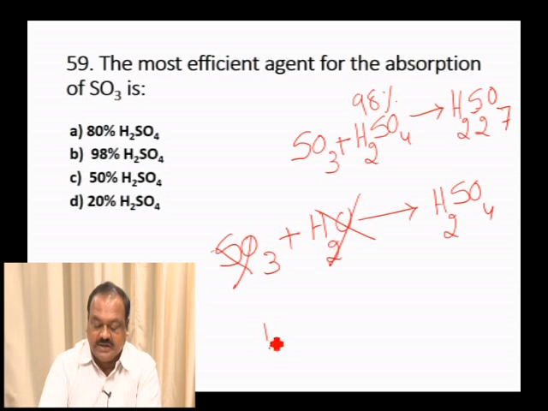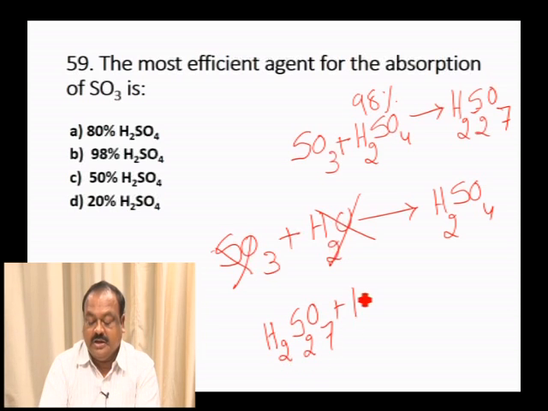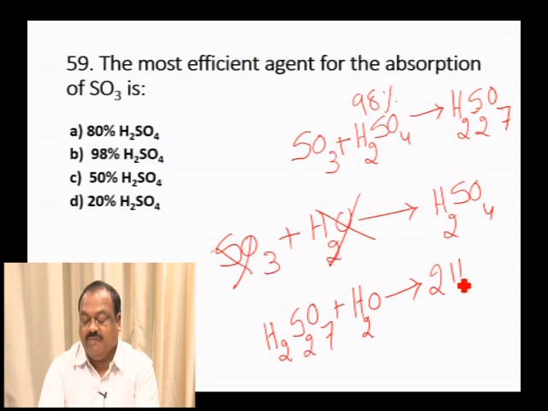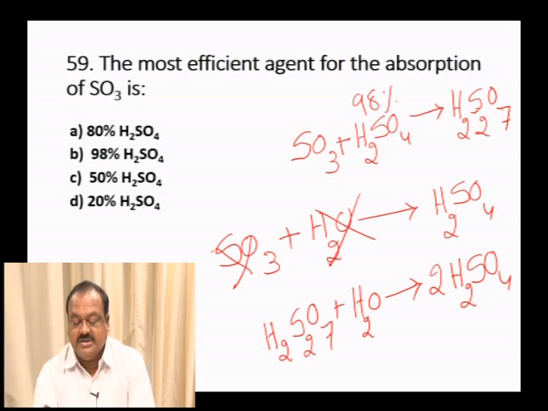This is further treated with required quantities of water to get sulphuric acid. Sulfur trioxide is passed into 98% sulphuric acid in the absorption tower of the contact process to get oleum, H2S2O7, which is further treated with water to get sulphuric acid.